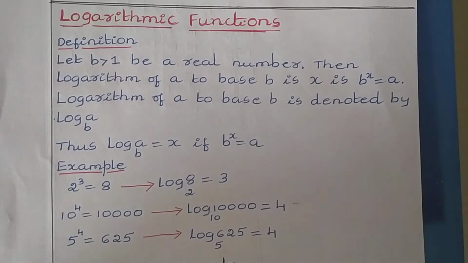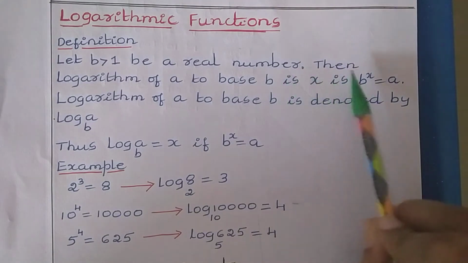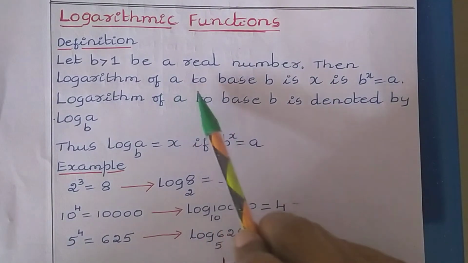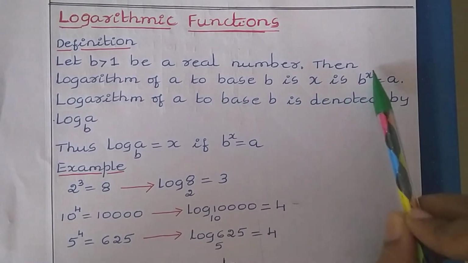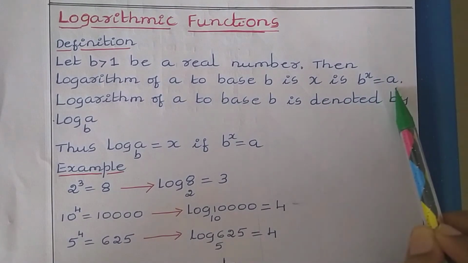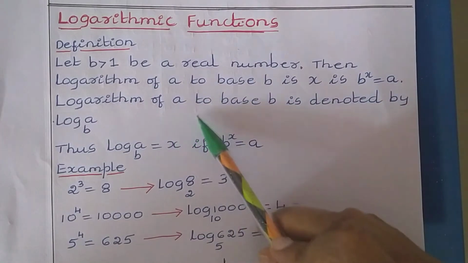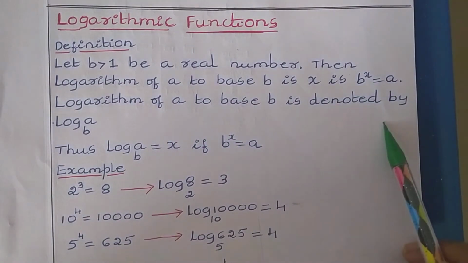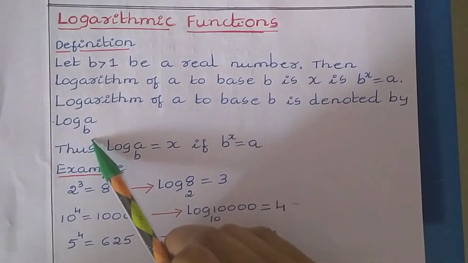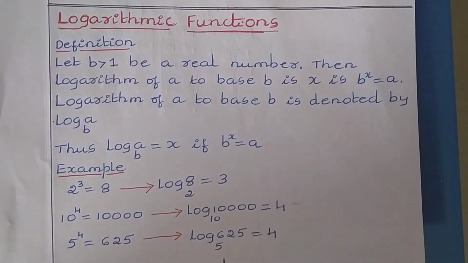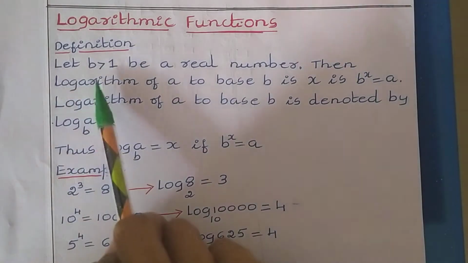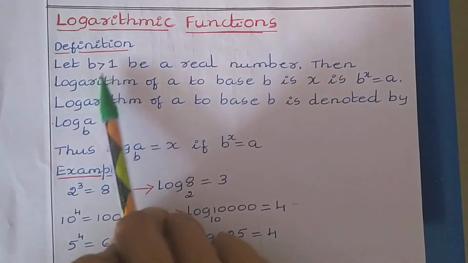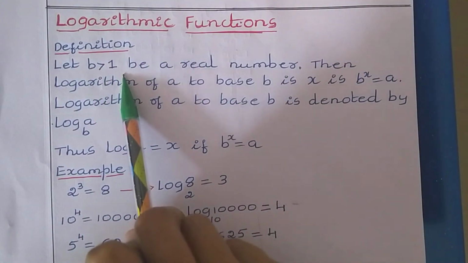Let b greater than 1 be a real number, then logarithm of a to base b is x if b to the power x is equal to a. Logarithm of a to base b is denoted by log a to base b. Here, first we have to consider a real number b, and the value of this b must be greater than 1.